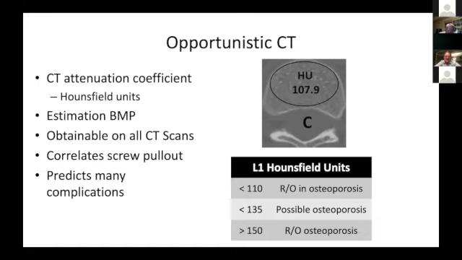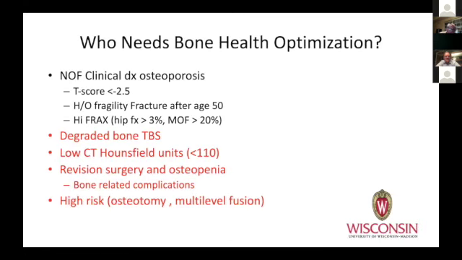A basic rule is if the Hounsfield unit is less than 110, then the bone is suspect and likely osteoporotic, and that would be an indication to obtain a DEXA and fully evaluate that. If the bone's over 150, then you probably have normal bone. And this is a strong predictor of a variety of complications with low HUs.